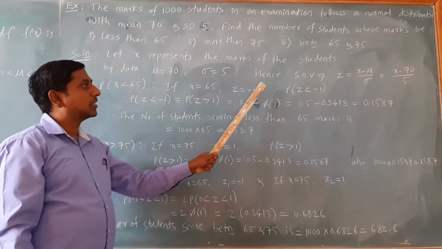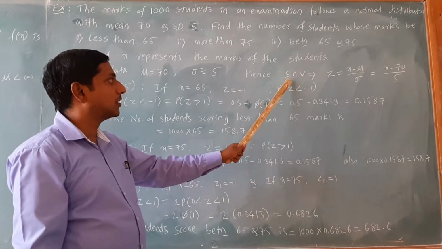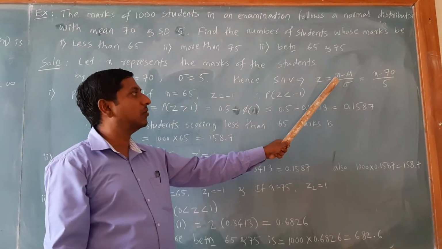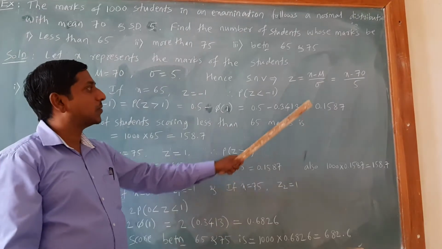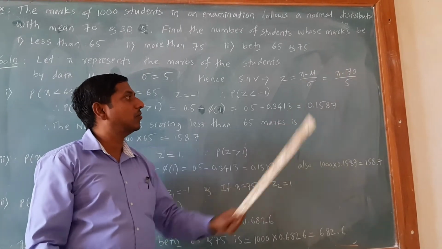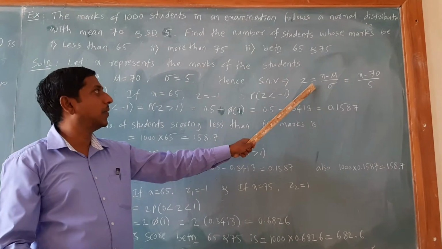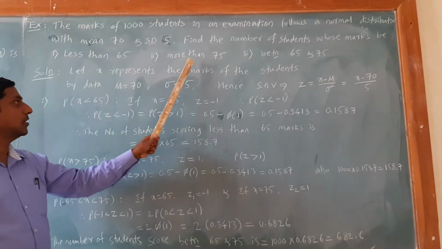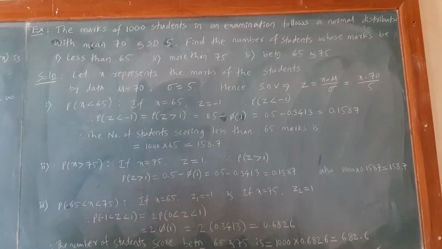And we have to use the standard normal variate, whose formula is z equal to (x minus mu) divided by sigma. So substitute the values of mu and sigma, that is (x minus 70) whole divided by 5. Using this standard normal variate, we calculate these three problems one by one.